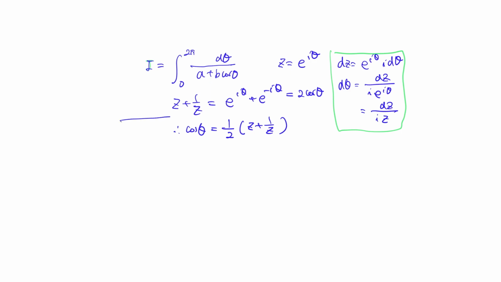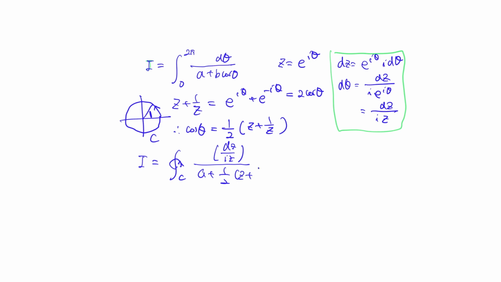And this integration can be changed into an integral over the unit circle C. So I becomes the integral over C of dz over iz, times 1 over A plus B over 2 times z plus 1 over z.